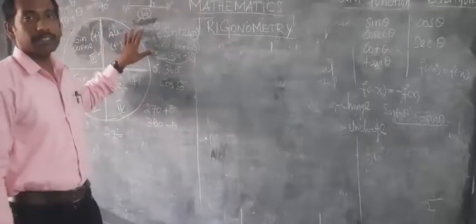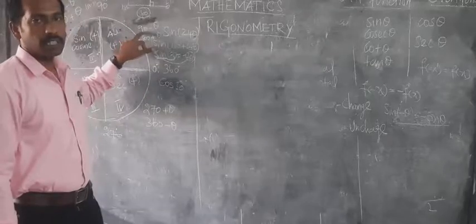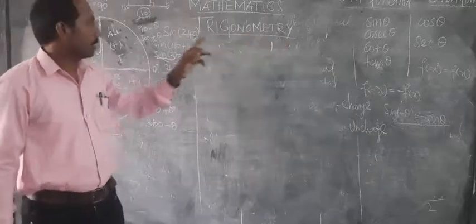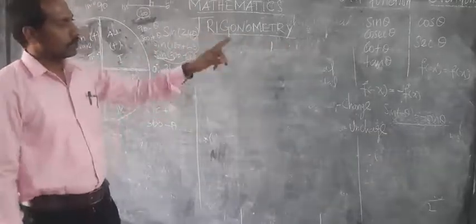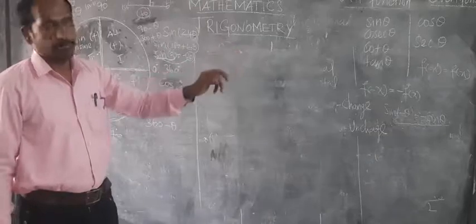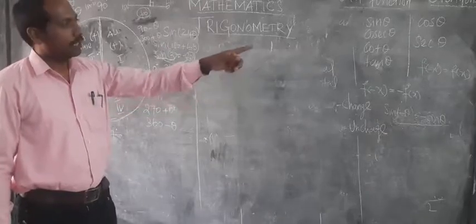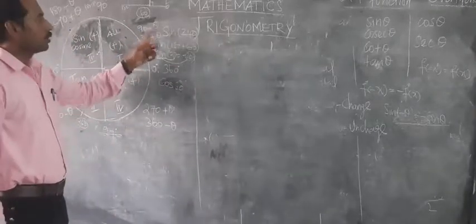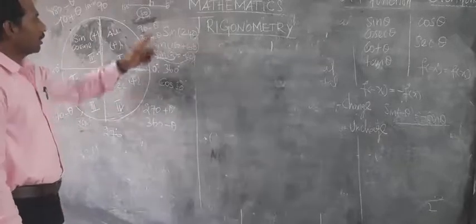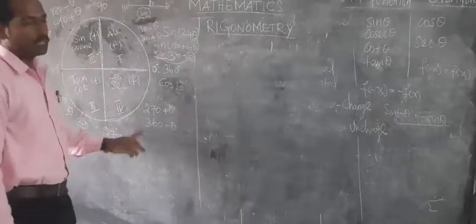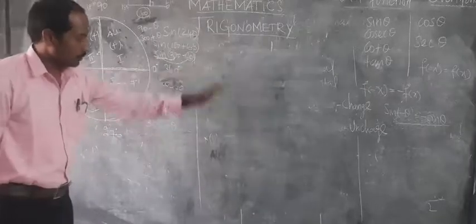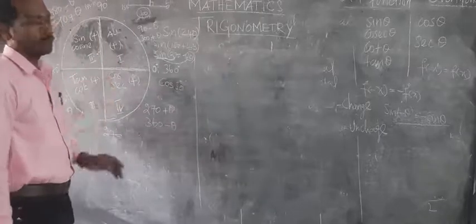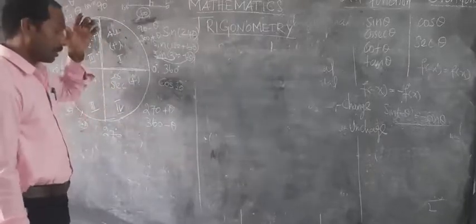You have to find 6 thetas for a particular vertical angle. And for the horizontal also: sin 360 plus theta, cos 360 plus theta, cosecant 360 plus theta, cot 360 plus theta, tan 360 plus theta, secant 360 plus theta. So in the first quadrant you have to find 12 theta values. Here 12, here 12, here 12, here 12. So just using the 5 points, you can write 48 trigonometric identity values.